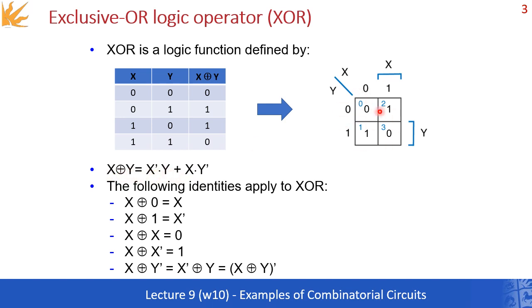And as you already know how to use Karnaugh maps, this is the minimized function of the exclusive OR. Obviously, after the Karnaugh map over here, you see that x XOR y equals x' and y, or x and y'. What comes naturally after that are the identities which are here. Now they are quite obvious. x XOR 0 gives you x. x XOR 1 gives you x'.